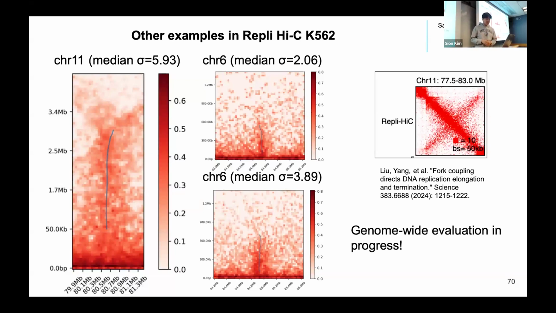We also have chromosome 6, and these ones are smaller still, with a sigma of about 2 to 3, and maybe this one's a little bit thicker than the 2. So we see the benefits of the multiscale approach working here. These are all top 10 out of around 80,000 ridges that were given by ImageJ. That being said, we still have to do a comprehensive genome-wide evaluation, and that is in progress.